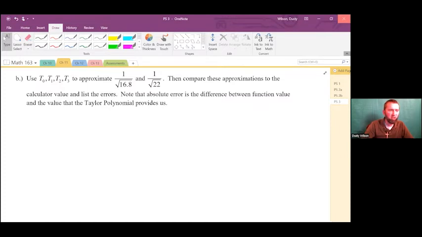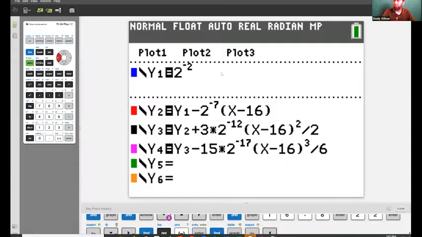So I took the liberty of typing these functions into the calculator on my own time. So let me share those with you. So here is our T0. Here's T1, and you'll notice that T1 is Y1.